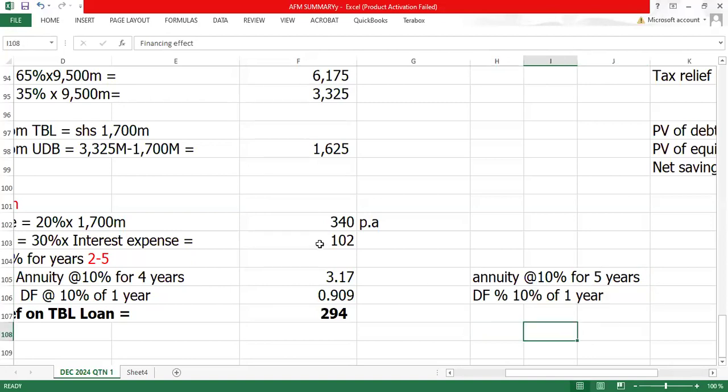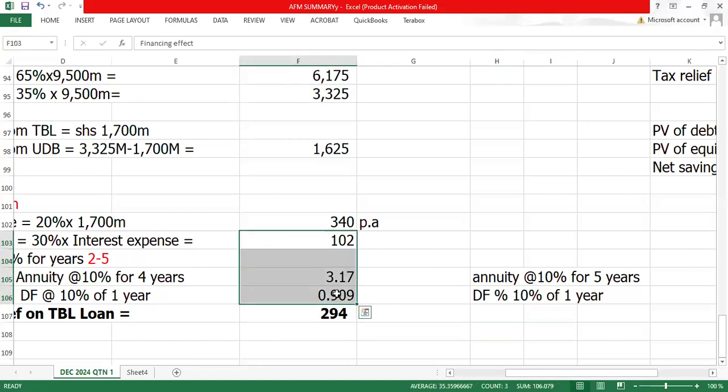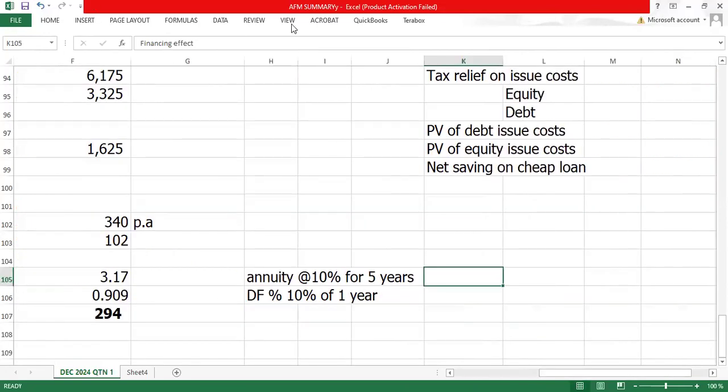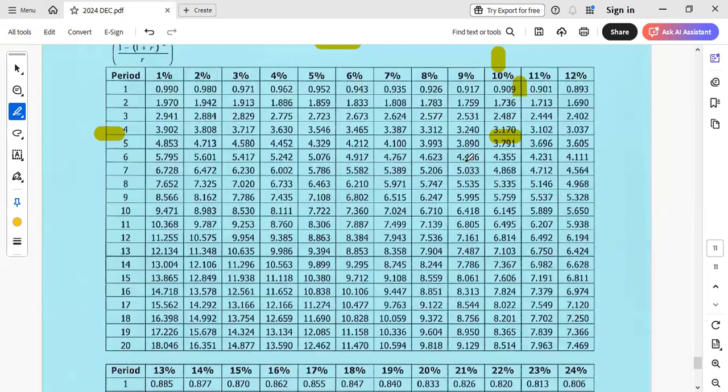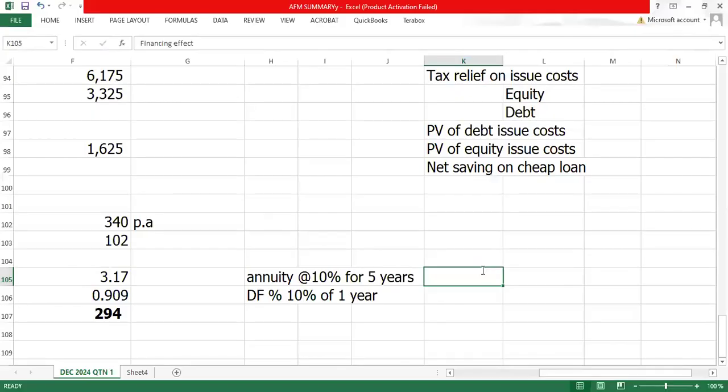Like someone who has used this, you simply multiply and get the answer. But when you use the other approach, you use the factor of year 5. You go back to your table and use year 5 instead of year 4, which is 3.791.